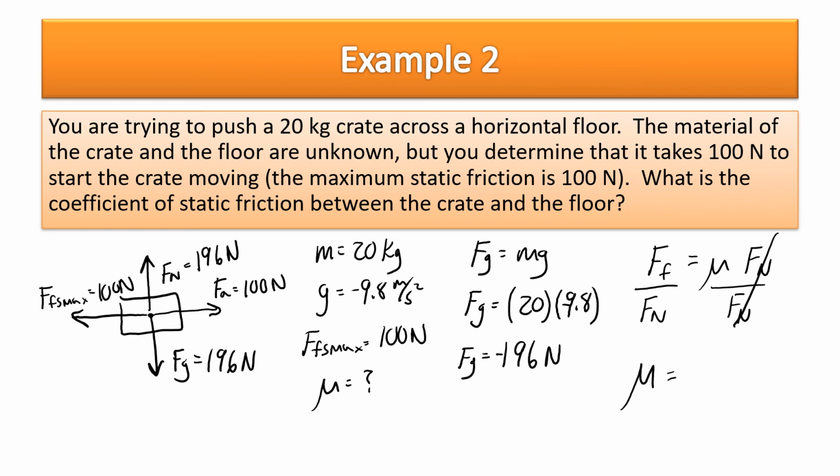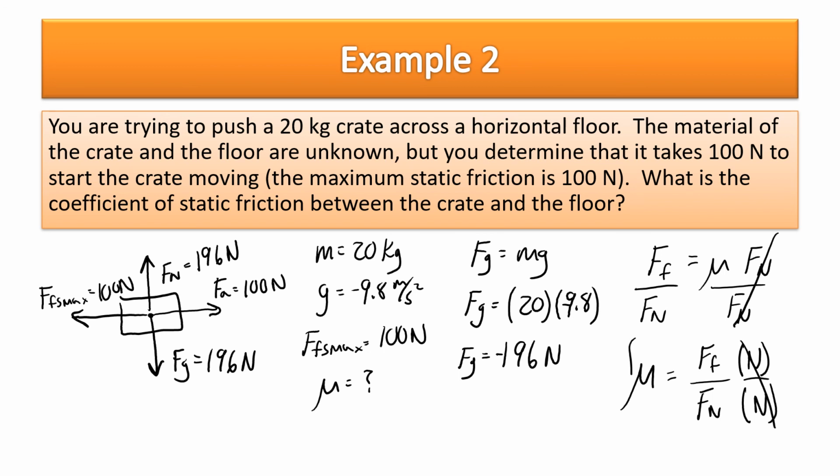By definition, it is a ratio of the frictional force that exists between two objects, which you could experimentally find, divided by the normal force, Fn. And this, by the way, is the reason why the coefficient of friction is unitless, because the force of friction is measured in newtons, and so is the normal force. It's also measured in newtons, and a newton divided by a newton cancels out, leaving the coefficient without units.